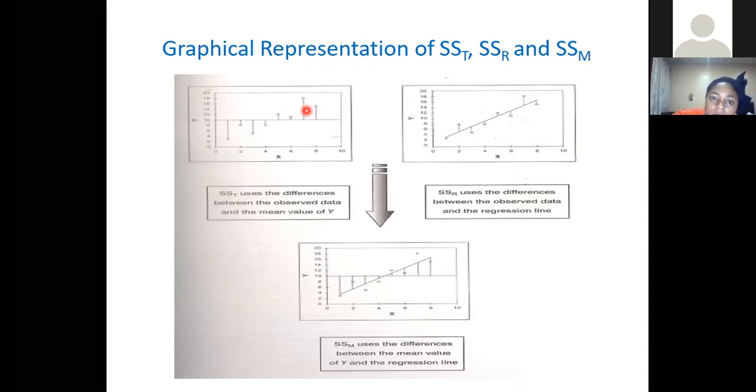So now the sum of square residual corresponds to the sum of square within in ANOVA. The sum of square residual here is the one that corresponds to the sum of square within, which in ANOVA is the difference between each value and their group mean.